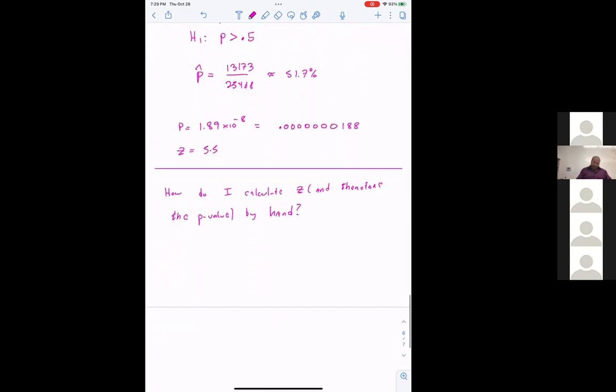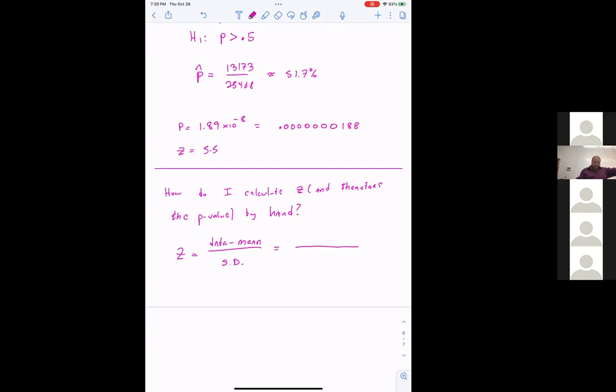And the answer is, well, we already know how. We know that Z equals data minus mean over standard deviation. Isn't that the way we always calculate our Z-scores? So all we've got to do is figure out what these values are for these examples.